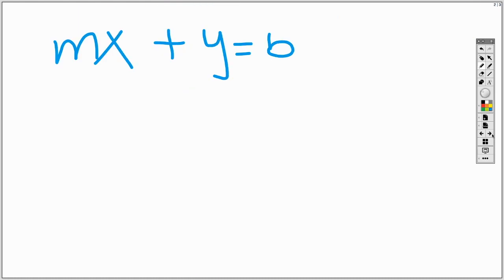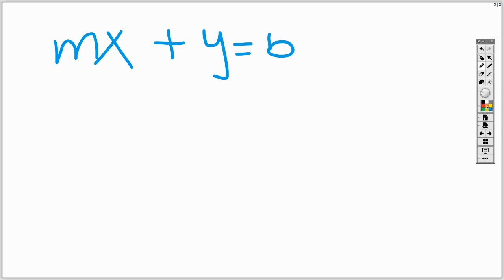Now I'm going to be doing another example. So this is mx plus y equals b, and this is pretty much the same thing. We could just do it a little differently. Maybe mx could be large books, and y could be small books, and then b could be the total of books.